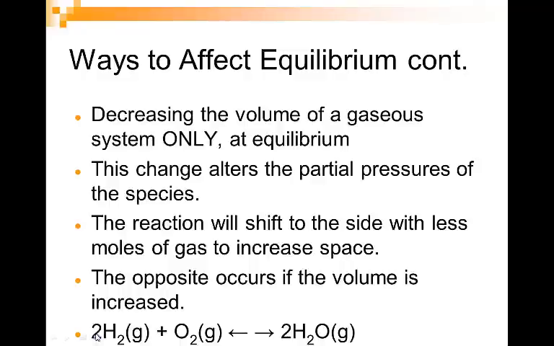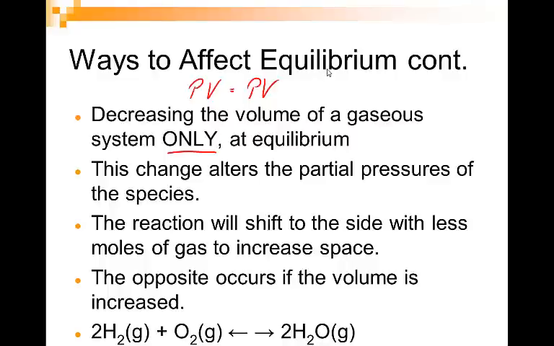Another way to affect equilibrium is to increase or decrease the volume of a gaseous system. And it is so important that we understand that affecting the volume of an aqueous solution system is going to do nothing for changing the point of equilibrium. But if we do that to a gaseous system, we have to go back and remember one of our basic gas laws, and that is that pressure and volume are inversely related.